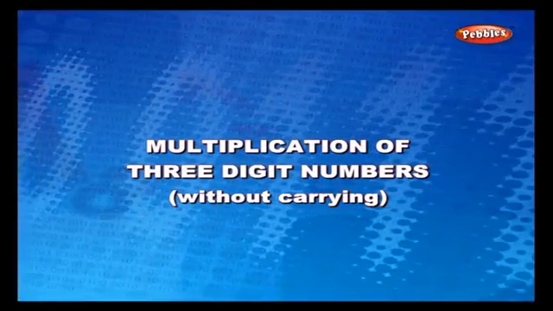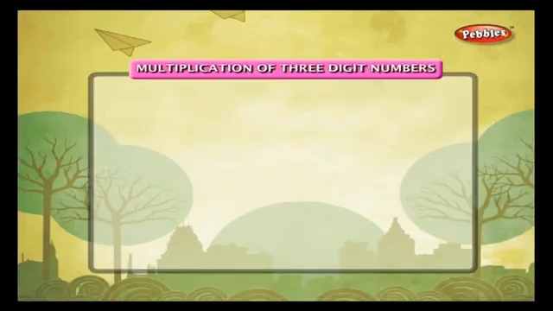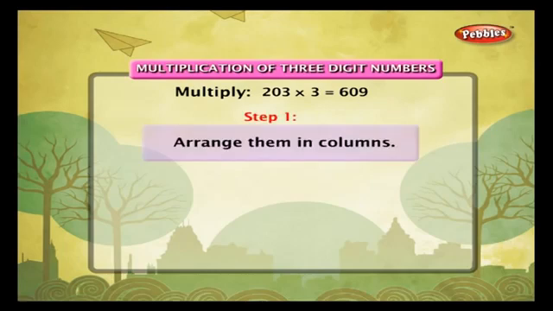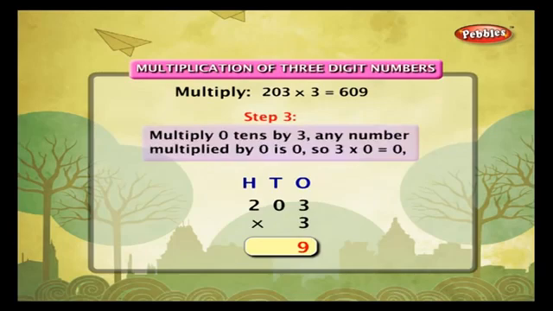Multiplication of three-digit numbers without carrying. Example, multiply 203 by 3. Arrange them in columns. Multiply 3 ones by 3. 3 into 3 is equal to 9. Write 9 below the ones column. Multiply 0 tens by 3.